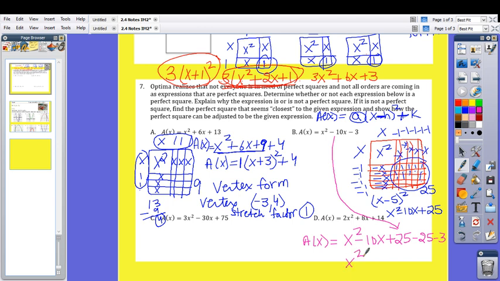So that will be x squared take away 10x plus 25 take away 28. This we can rewrite as (x take away 5) squared take away 28. So this is your answer, okay.